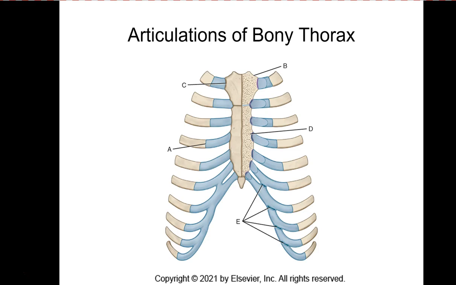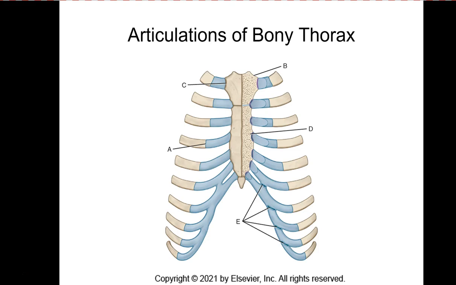Okay, E is referring to the continuous borders of the interchondral joints. So the joints in between the costocartilage of the anterior 6th through 9th ribs. And they're all interconnected by a synovial type of joint with a thin, long articular capsule lined by synovial membranes.